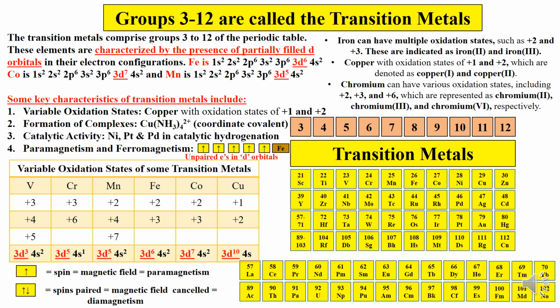Now what is ferromagnetism? Ferro is the Latin name for iron. When you observe the electronic configuration of iron, you can find that there are 4 unpaired electrons, and as a result it generates a magnetic field, and these materials display magnetic properties.